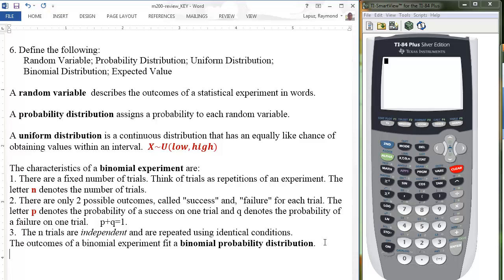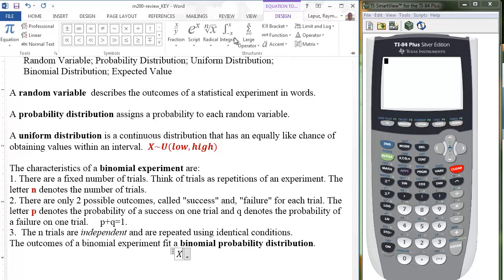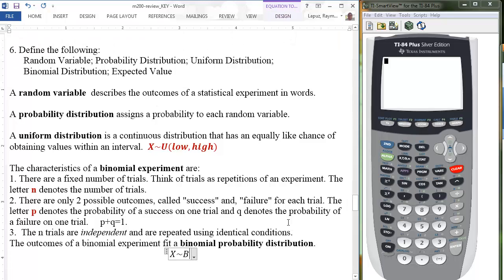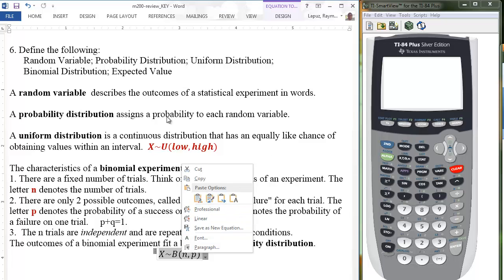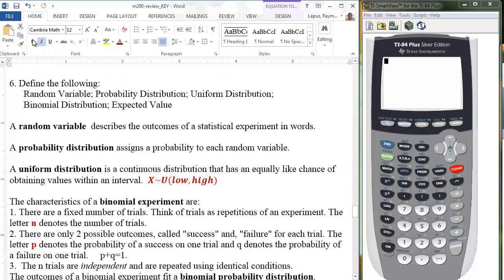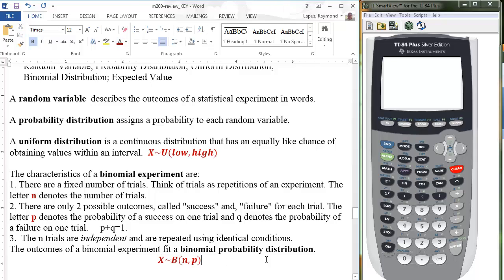The binomial distribution notation for us is going to be X tilde B, and they use B for the binomial experiment, and then they ask for two things. The first is the number of trials, and the other is the probability. With these two parameters, we're able to describe the binomial experiment. So here's our notation for a binomial experiment.